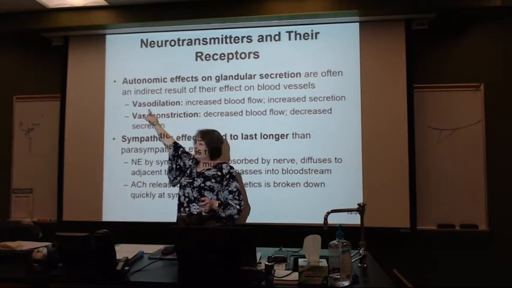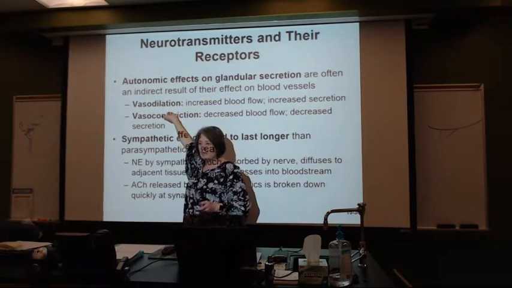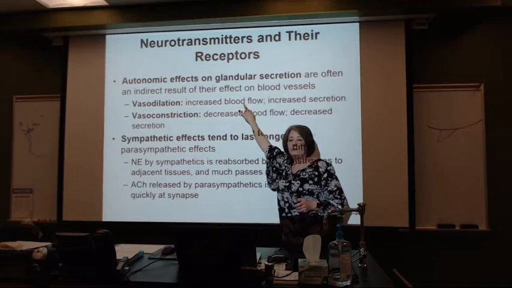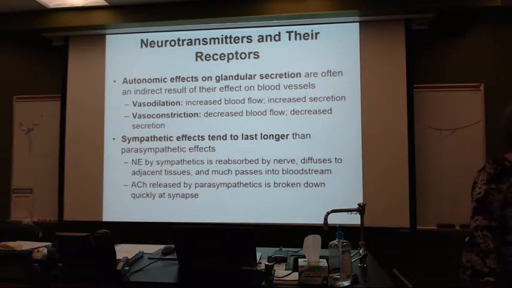Well, vaso meaning vessel, if the vessels dilate, blood flow is increased to that tissue, to that cell. So if I increase my blood flow, I increase everything that cell needs to function. And in this case, if it was to secrete something, I have now increased the ability for secretion. Does that make sense?